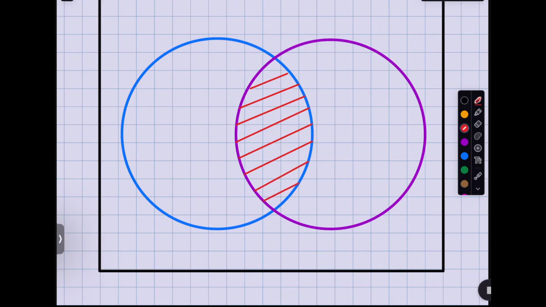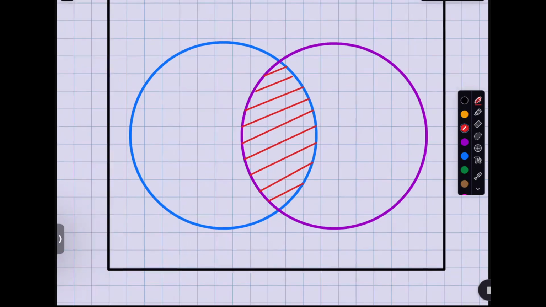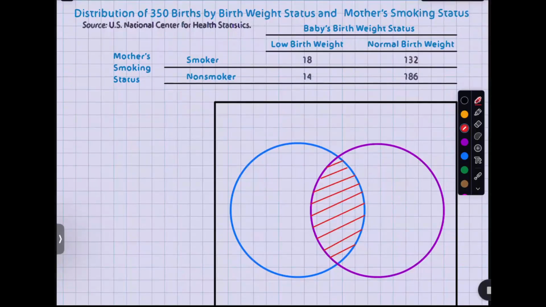What should this piece represent? Things that smokers and non-smokers have in common. Is there anything in common from this table? No. So there's nothing that smokers and non-smokers have in common. So therefore, we don't want to call one circle smokers and one circle non-smokers, right? Because there's nothing in common.